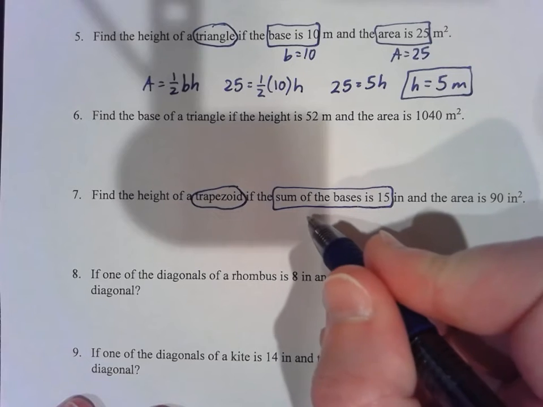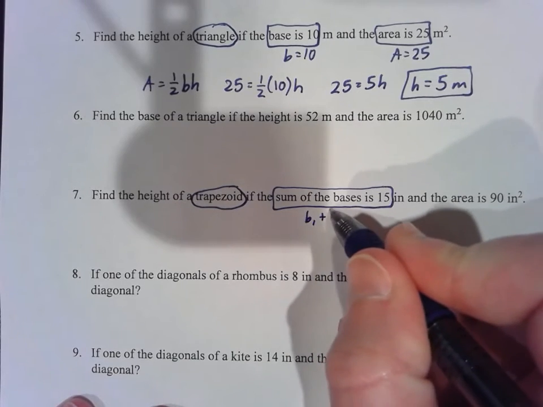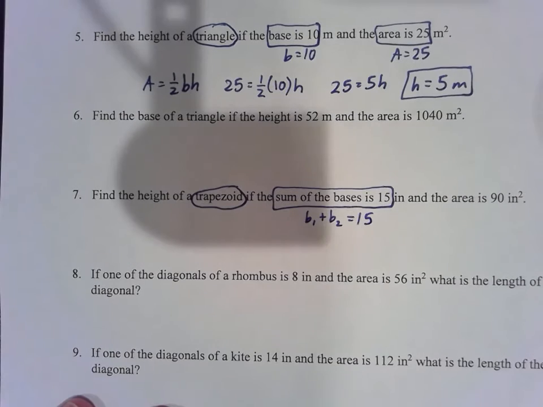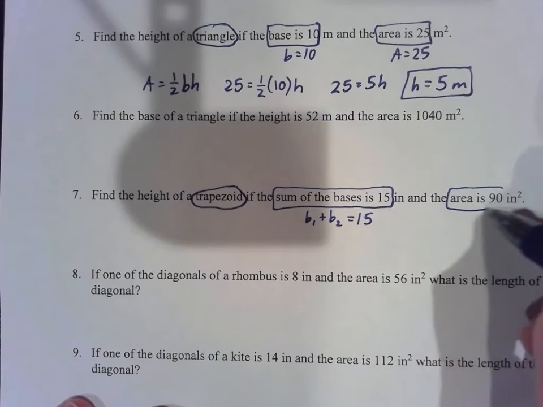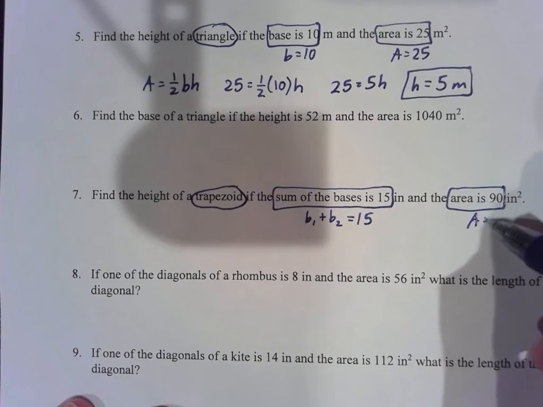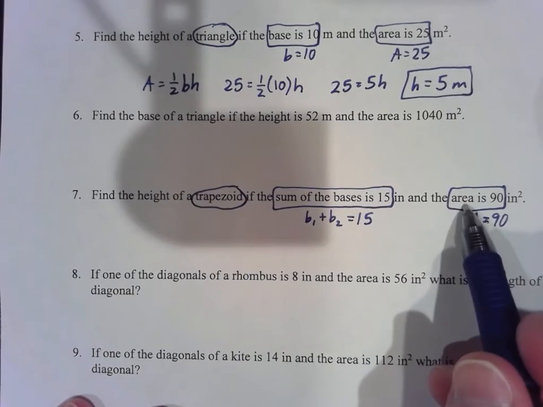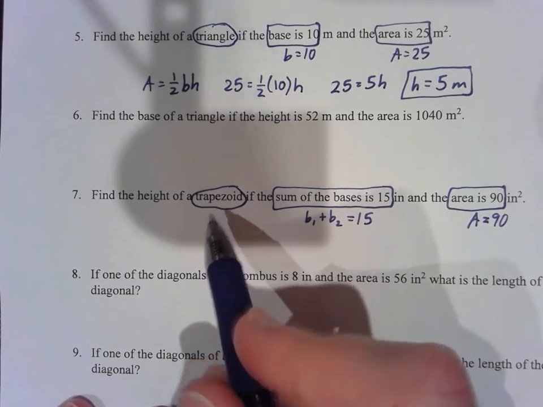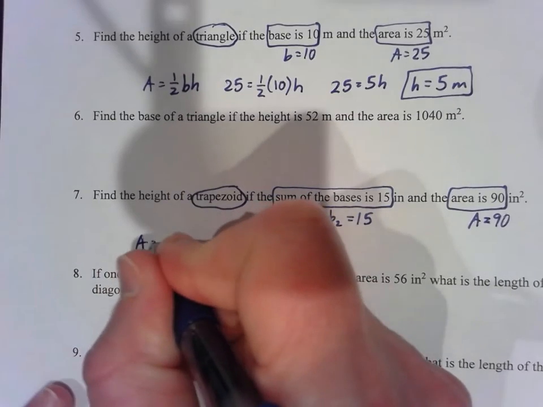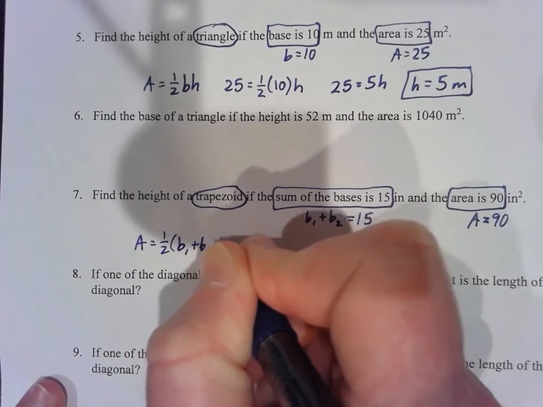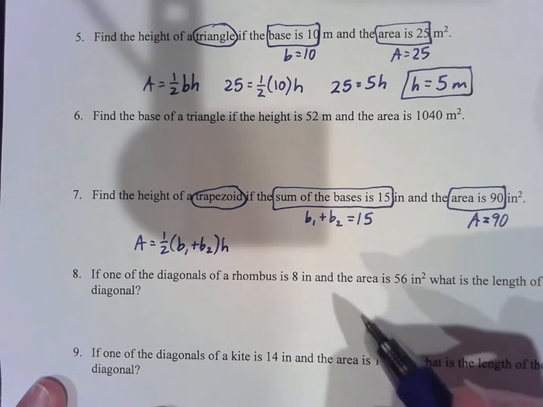So sum means addition, so this is taking base 1 plus base 2 is giving 15. And finally 90 is the area, so A equals 90. So I look for the area formula for a trapezoid. That's 1/2 base 1 plus base 2 times height.